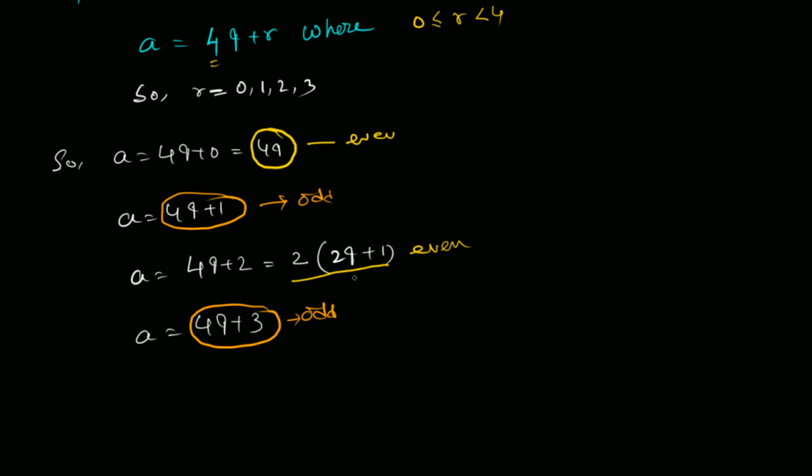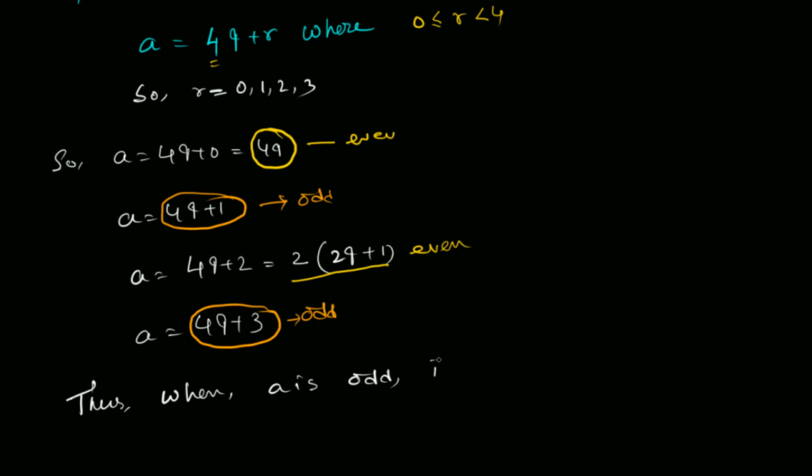So if you divide by 4, we will have only two forms of odd numbers. One is 4q plus 1, another is 4q plus 3, and we also have two forms of even numbers, that is 4q and 2 into 2q plus 1.